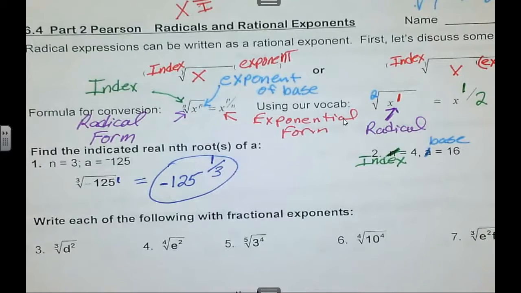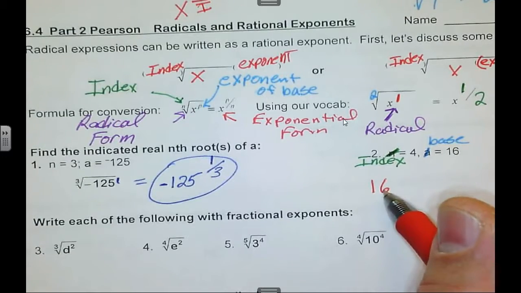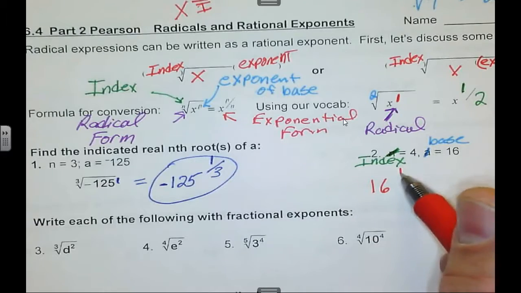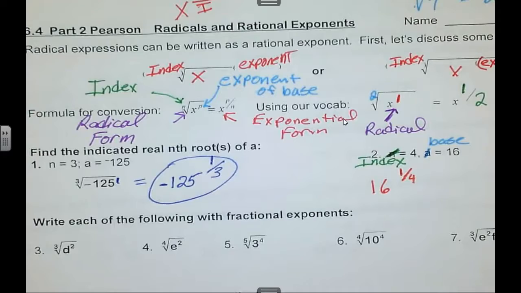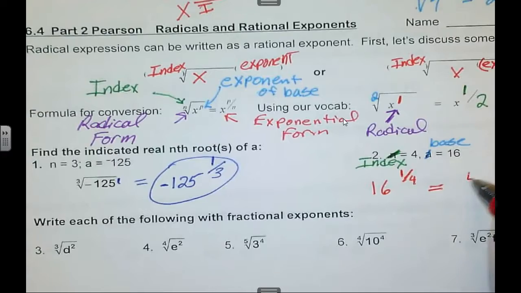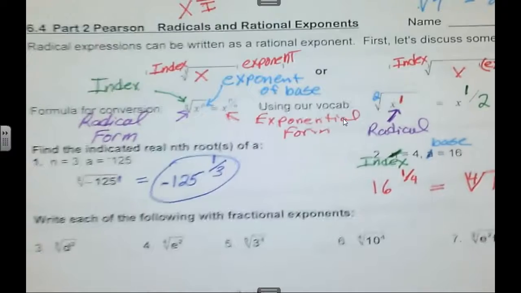So if I were to put this in exponential form, my base is 16. My exponent for 16 is 1. My index is going to be 4. If I wanted to put this in radical form, it's going to be the 4th root of 16 to the 1st power. I'm just doing it for teaching purposes.